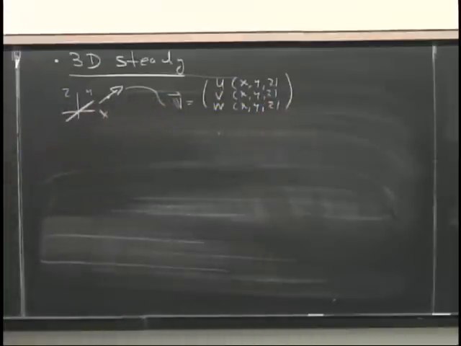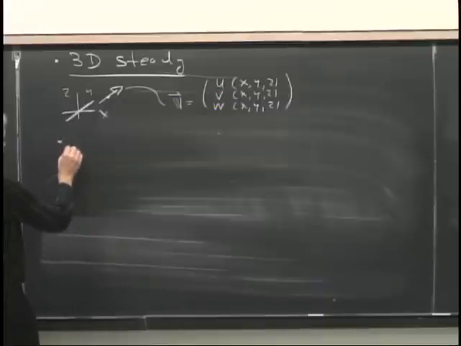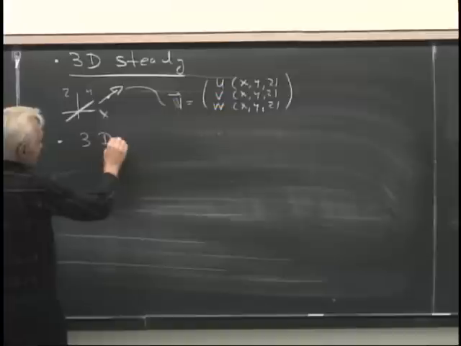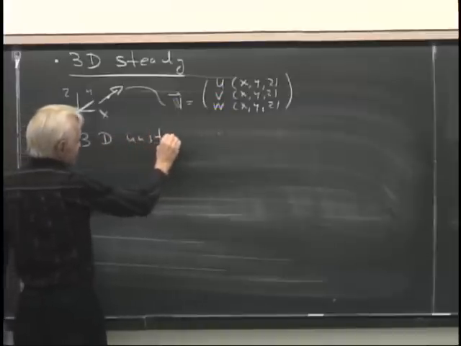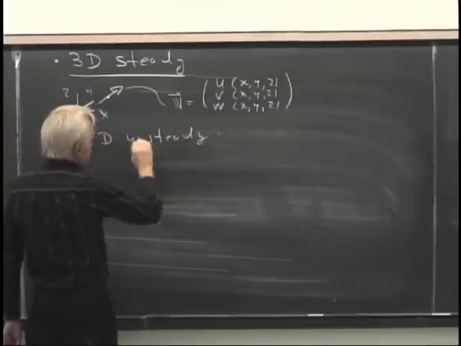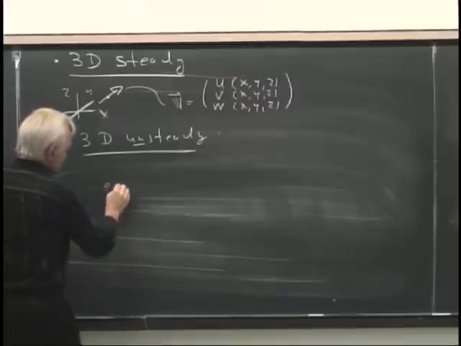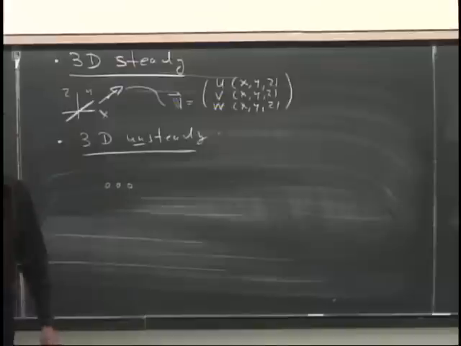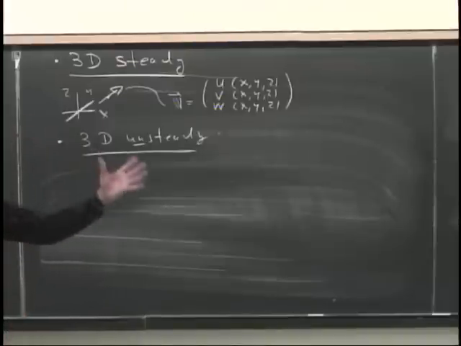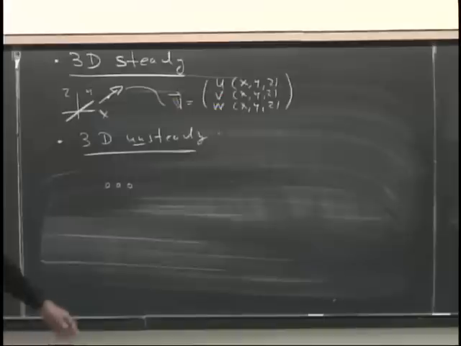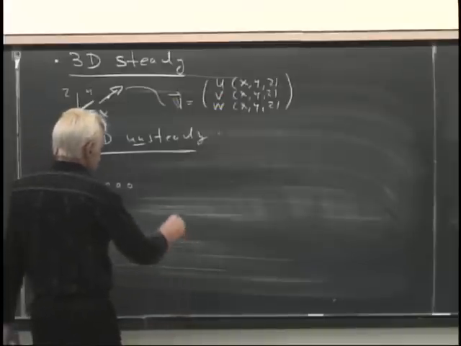If I have 3D steady fields, I also can have 3D unsteady fields, and that's as difficult as we will get in this class. 3D unsteady, and again, you can imagine the flow in this room, right? We have air conditioning, and the flow field is always changing as a function of space and time.